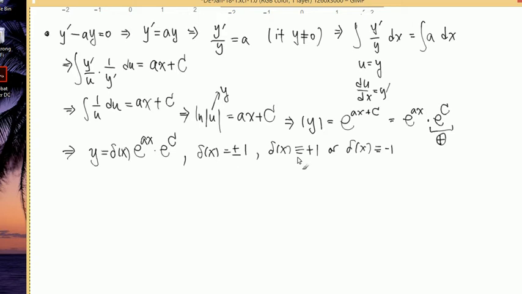So it is either positive 1 or negative 1 all the time. If it is positive 1, it's going to be just like that. If it is negative 1, this positive constant becomes a negative constant. So altogether, out of all this observation, you can write y equals some little c times e to the ax, where c is an arbitrary constant. It can be negative or positive. With a positive constant, it covers everything.